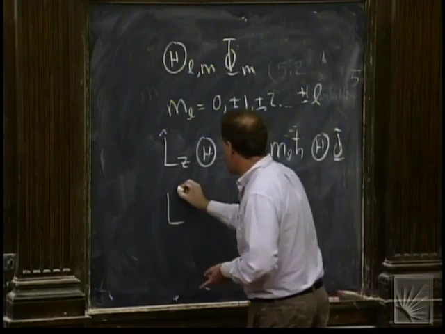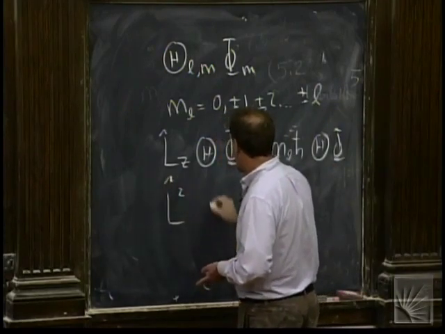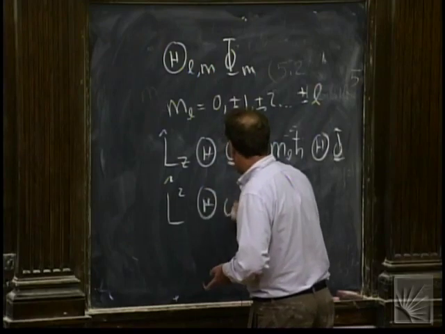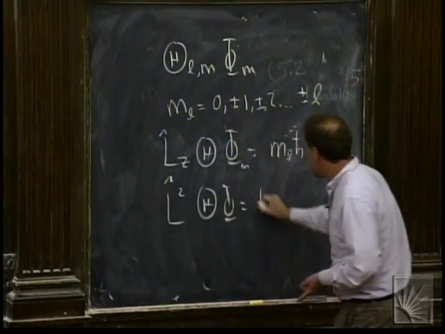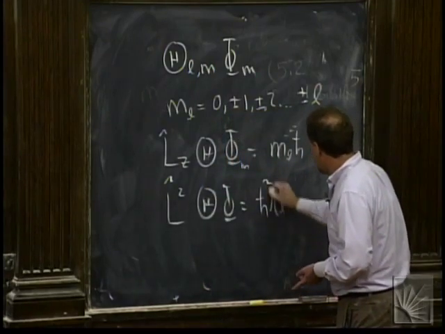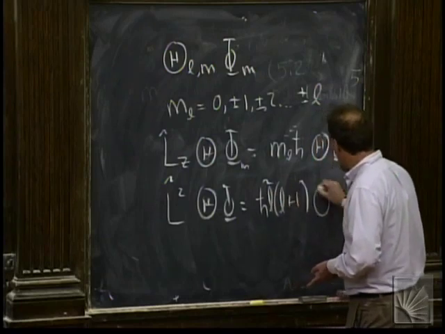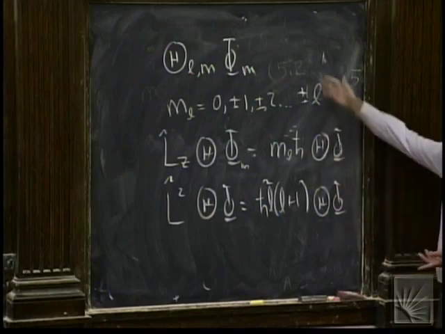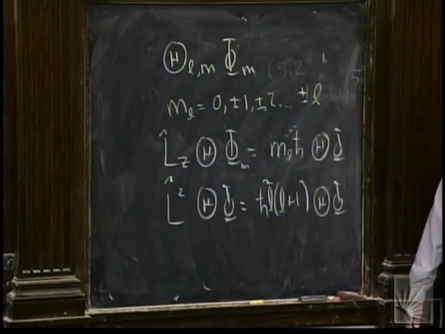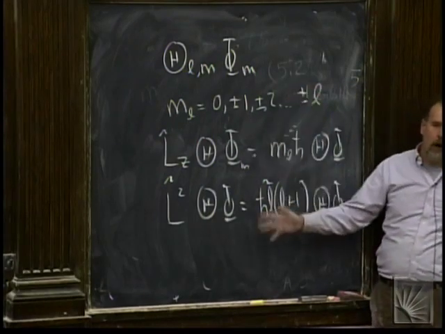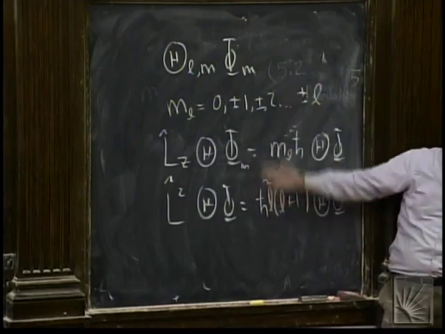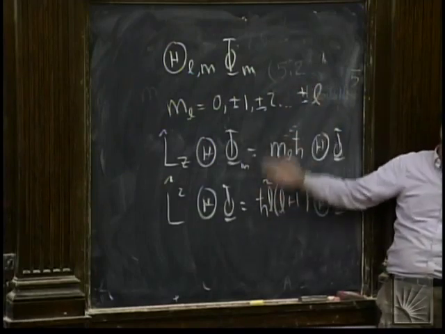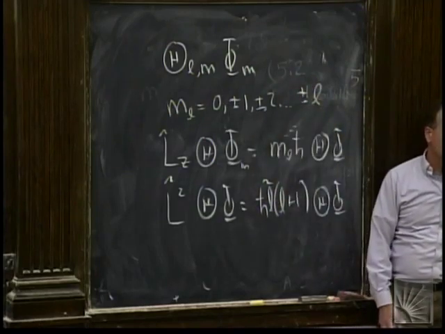And L squared, operating on these guys, is h bar squared L times L plus 1 times those guys. That's the basic behavior of, I mean, it's amazing. Most of chemistry just comes from basically extending upon these ideas, okay?